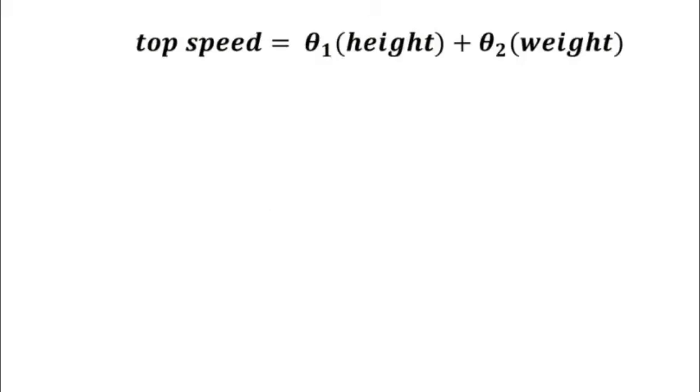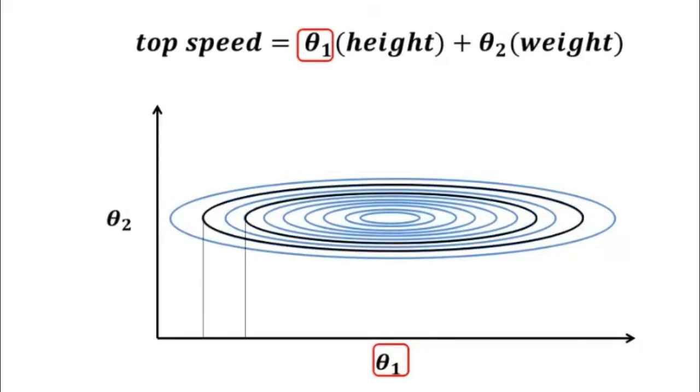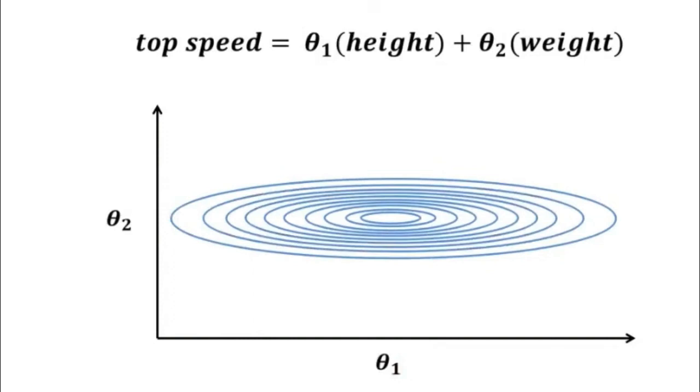Can you imagine what its cost function would look like? Boom, pretty flat. Let's understand this. Let's start with theta1, and if we take a step from here to here, the cost function decreases. Now if we take a step of the same distance from here to here, we actually pass over the minima because the cost function is squeezed due to uneven magnitude of height and weight.